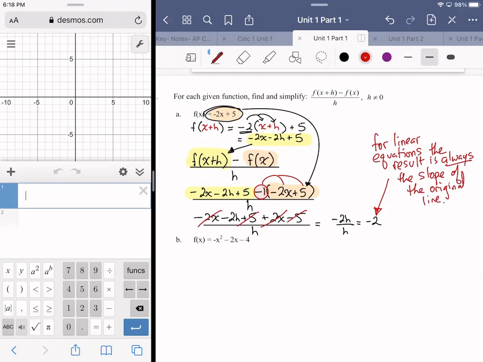So if you recognize something as being a linear equation to get started, you look at it and say, oh, it's a line. Then all you have to do is pull the slope and you have your answer.